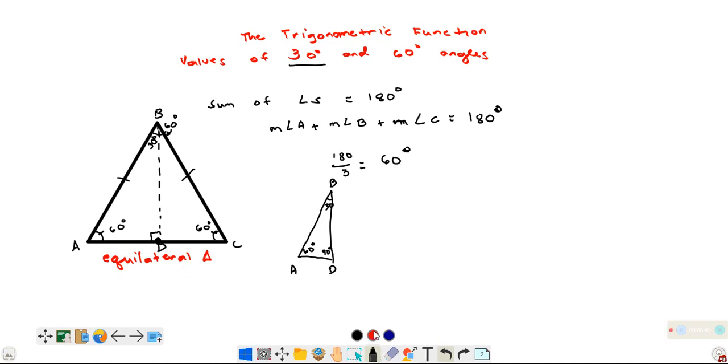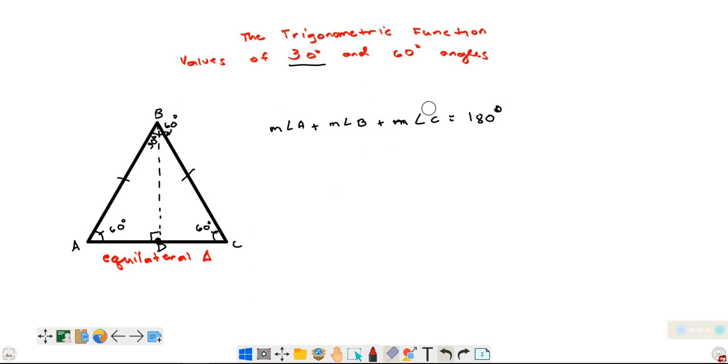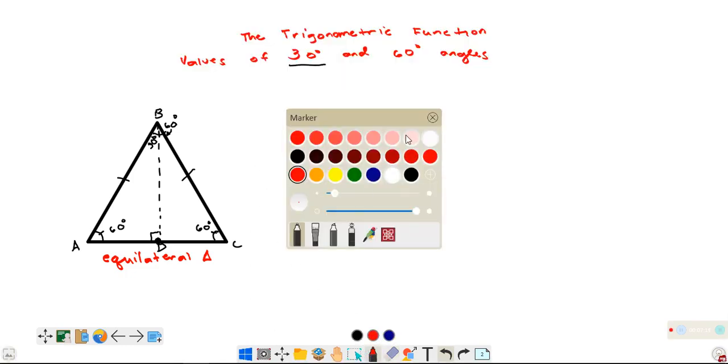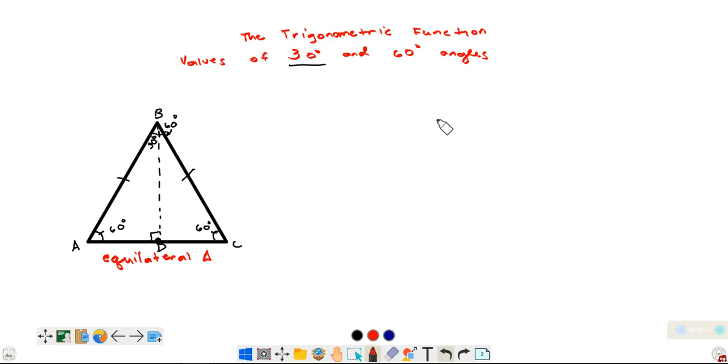Now, let's proceed with finding the trigonometric function values of each of the acute angles. Meron tayong dalawa, 30 and 60. So, what do we need when finding the trigonometric function values of an angle? Kailangan natin ng opposite side at saka adjacent side, diba?